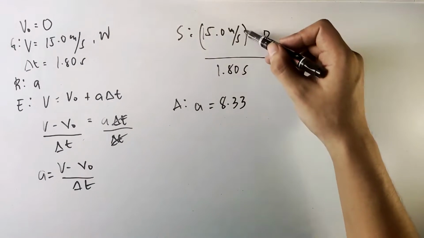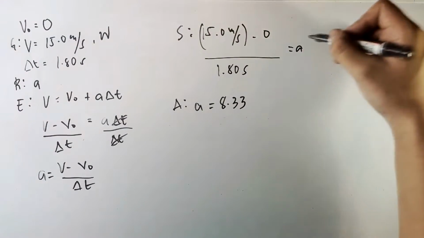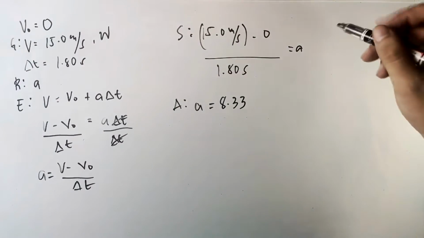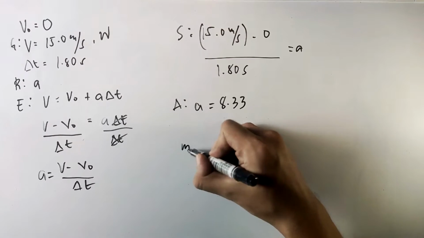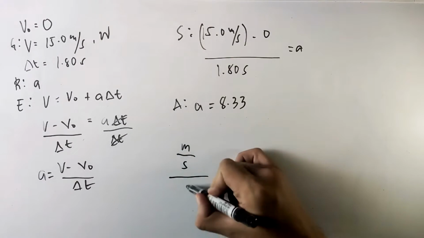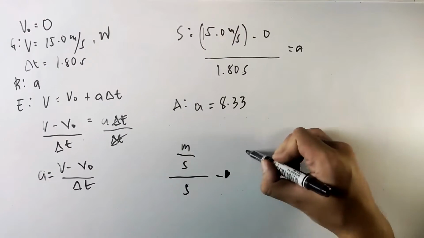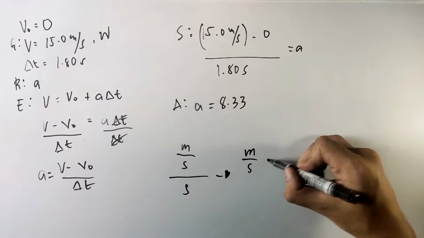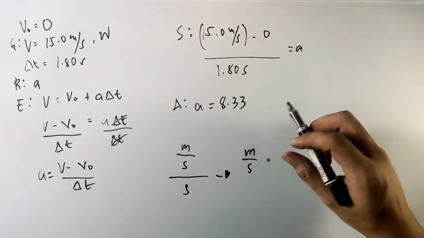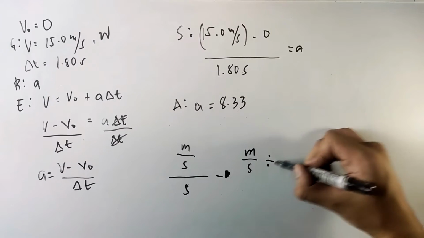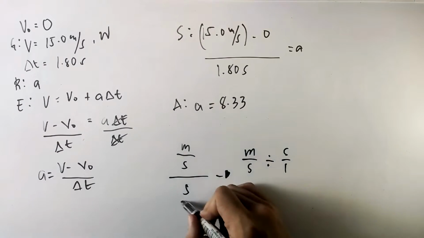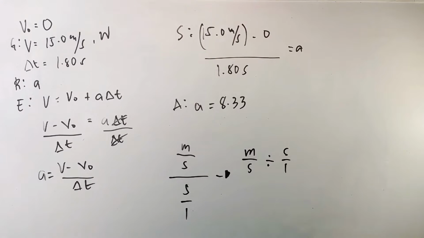If you're going to notice, this is the unit. I'm just going to take the unit and show you how it should be done. So meters per second divided by second. That would translate to meters per second divided by second over 1. So this is second over 1, right?